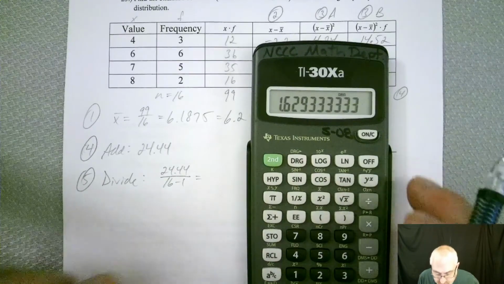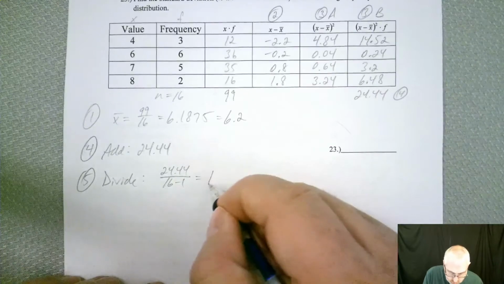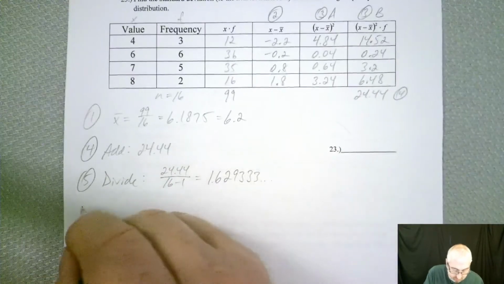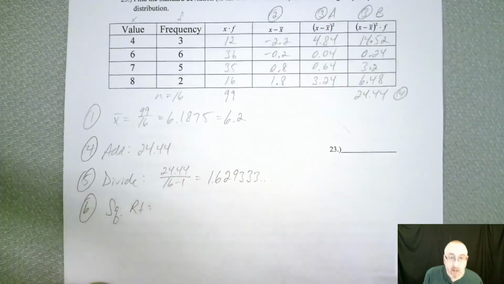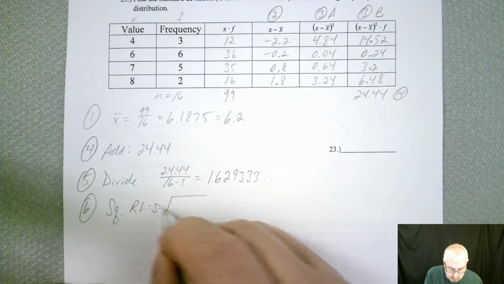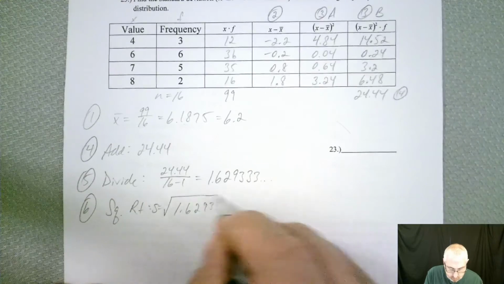So that gives us 1.6293. And then step 6 is to square root it. So we need to square root 1.62933.